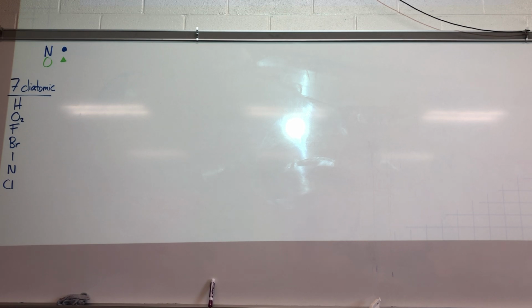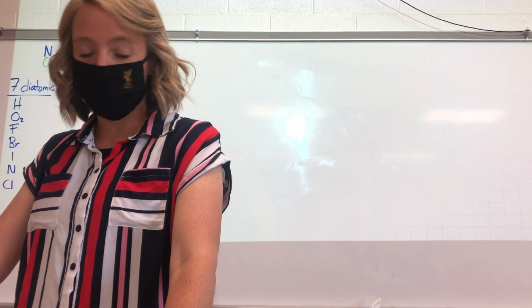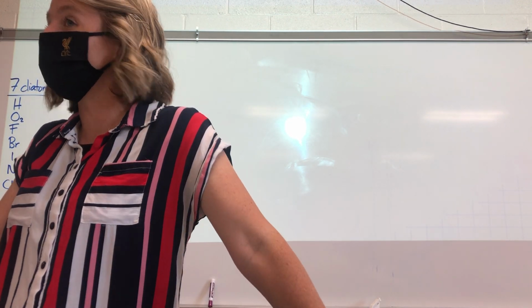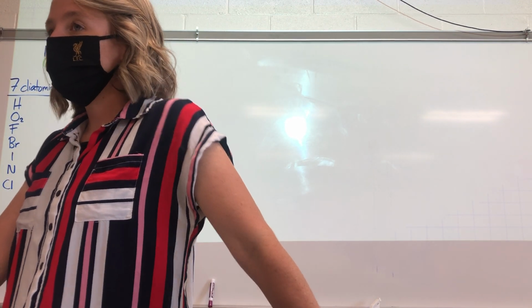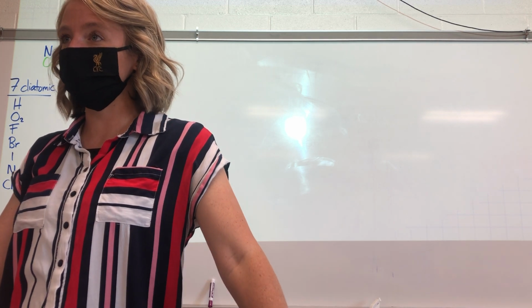Okay, looks like we're almost there. I see some good answers. If you got an answer of about 9.0 something times 10 to the 23rd, you are correct and can have a smiley face for that.